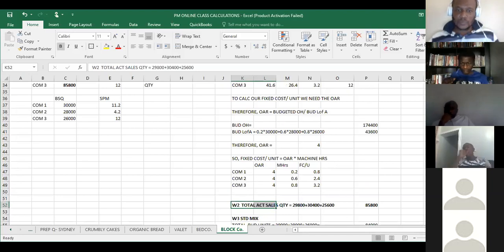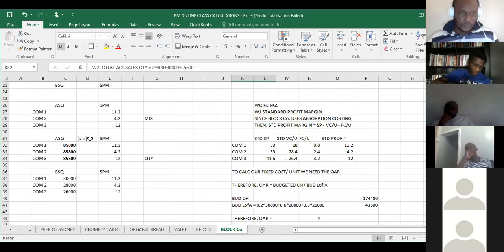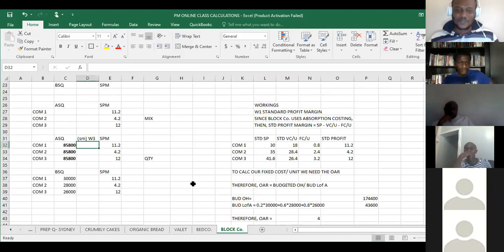All right, but is this one not causing more confusion? It's not going to cause more confusion. So come and write work 3. Let me just copy it. I think that's the only way that this will work now.